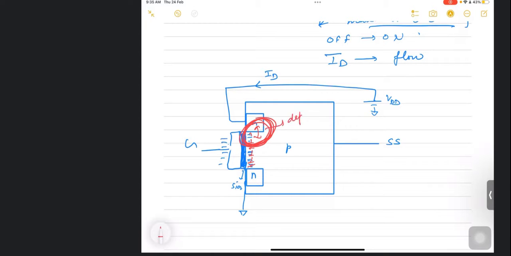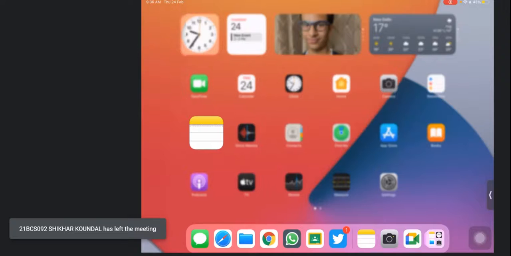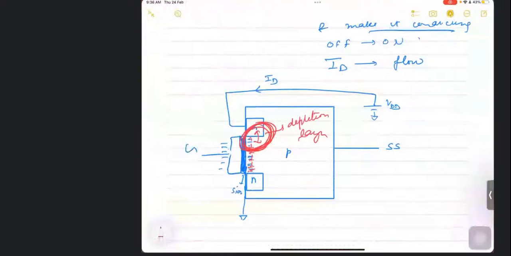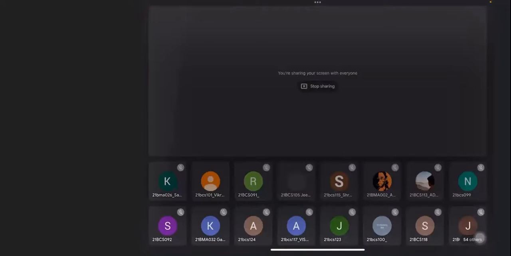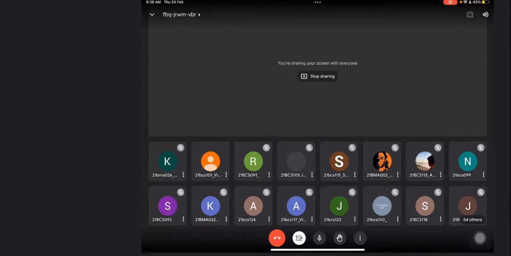So this is having a depletion layer here. Right? I hope you understand this. Just please write yes or no if you understood this.